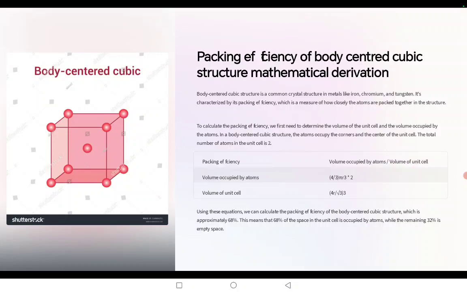To calculate the packing efficiency, we first need to determine the volume of the unit cell and the volume occupied by the atoms. So these are the formulas we can use to calculate, and after calculating we get a packing efficiency of about 68% in this type of arrangement.